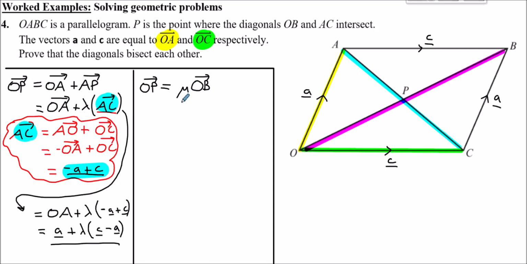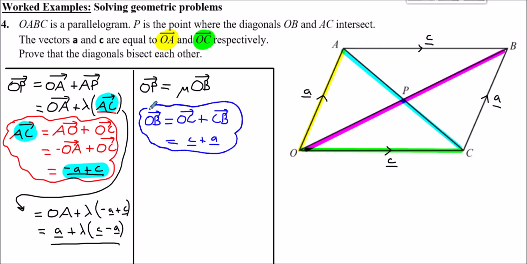Okay. Now, what we need to think about here is, how do we get from O to B? So again, let's think of it in this way. From O to B, we could go along this one from O to C, and then when we get to C, we go from C to B. From O to C is C, labelled here, and from C to B is A. So that's what we can call OB.